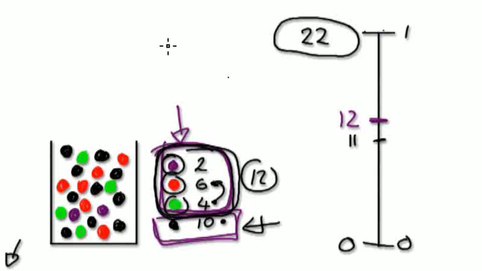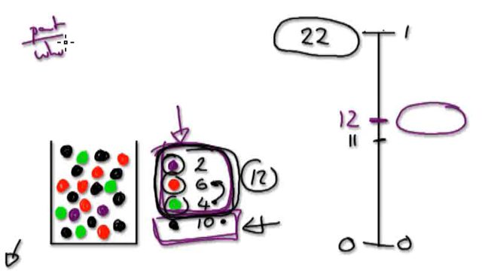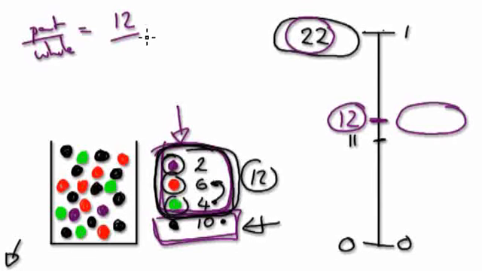So remember, this is what we want to know, the decimal there. So it's always part divided by whole. So the part here would be the 12, and the whole here would be 22.